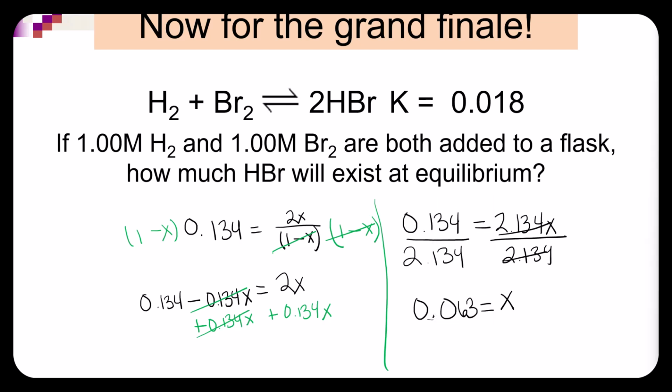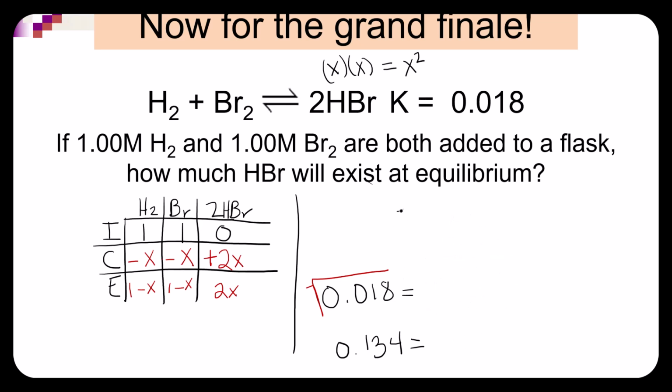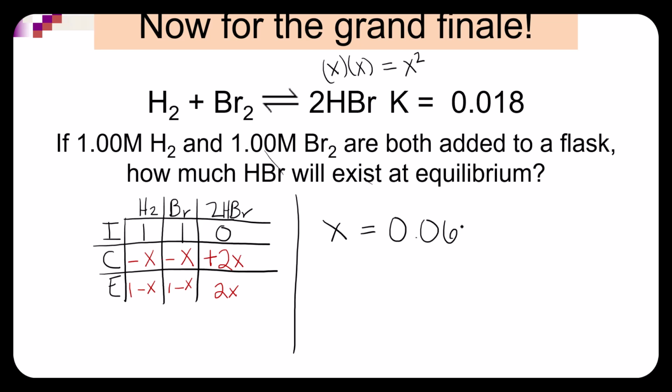So now we need to take this value, and we need to go back to our ICE table. We solved for our value of x. We said x equals 0.063. But ultimately what we are asked to solve for is hydrobromic acid at equilibrium. So this one right here.